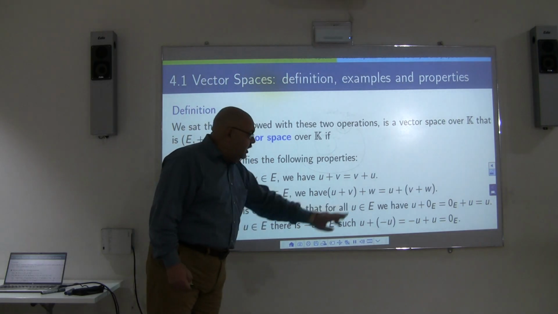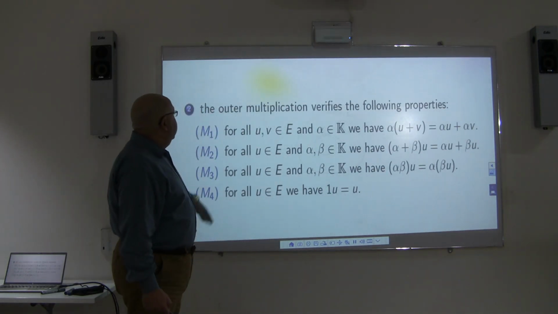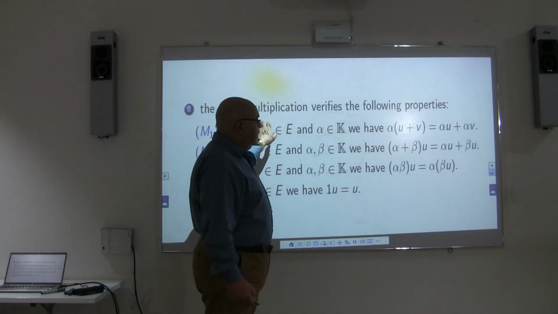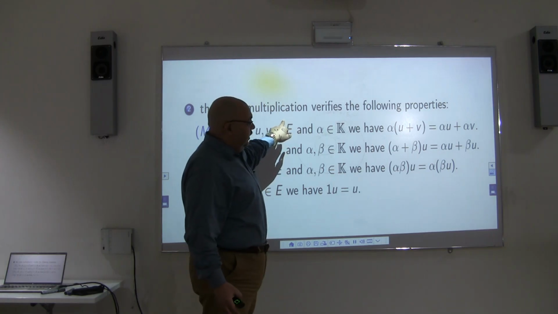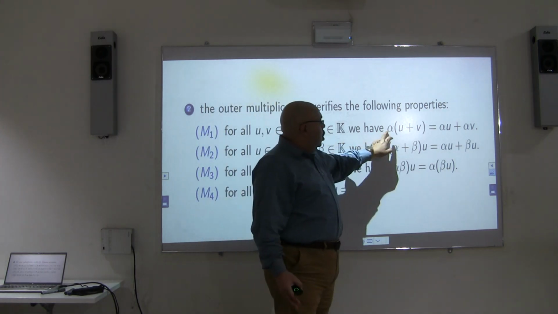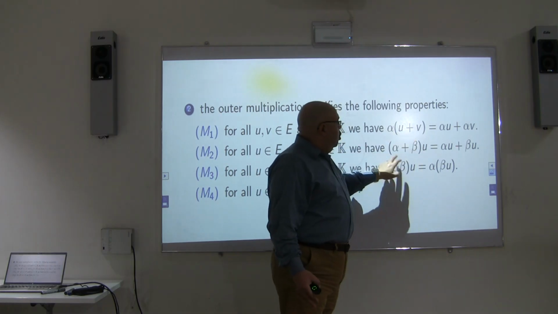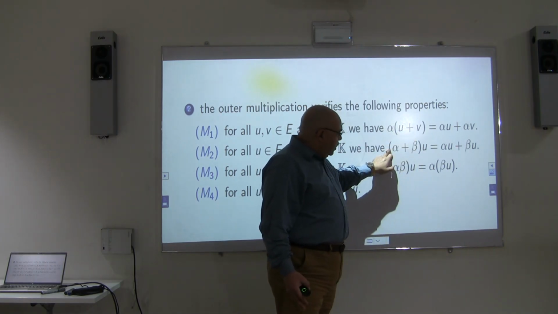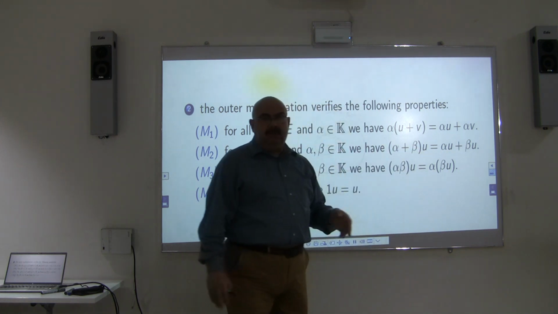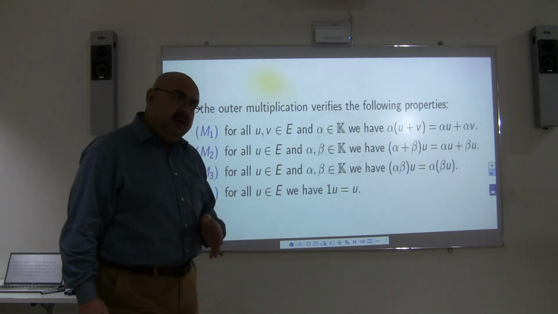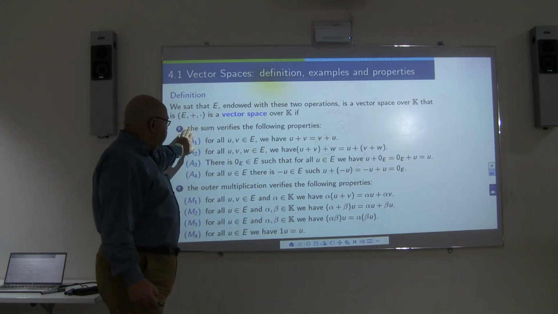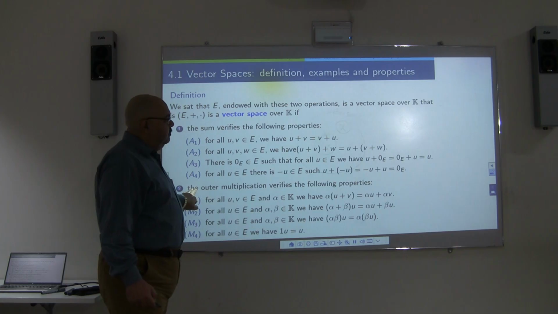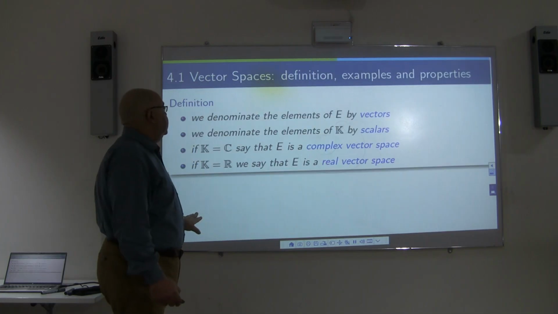U plus negative U is going to equal the 0 of E. The outer multiplication also: multiplying a constant by U or by V results in a vector belonging to this set of vectors, or the distributivity of a constant through the addition, or adding alpha plus beta times U, distribution over various constants. All of this we already went through. These are the main conditions for the sum verification and the multiplication by a scalar, exactly as we saw previously.